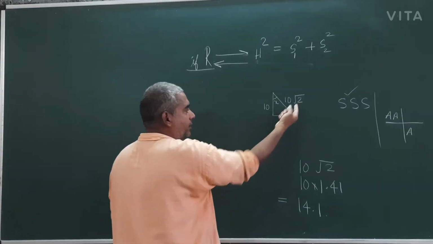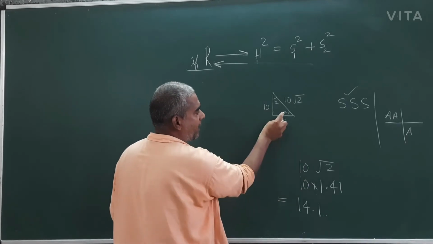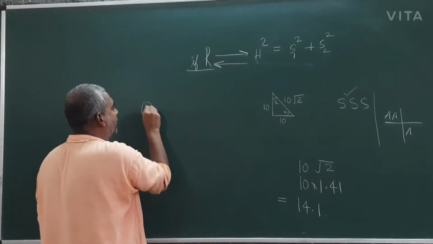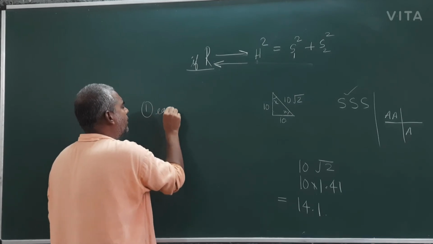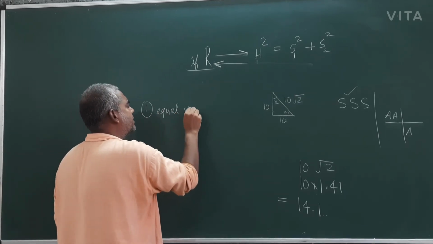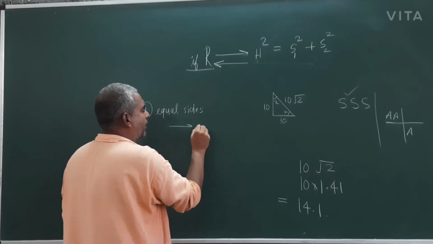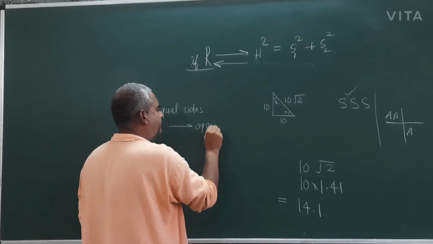So you will see, first I have x and this one. First I have applied the theorem of equal sides: opposite angles are equal.